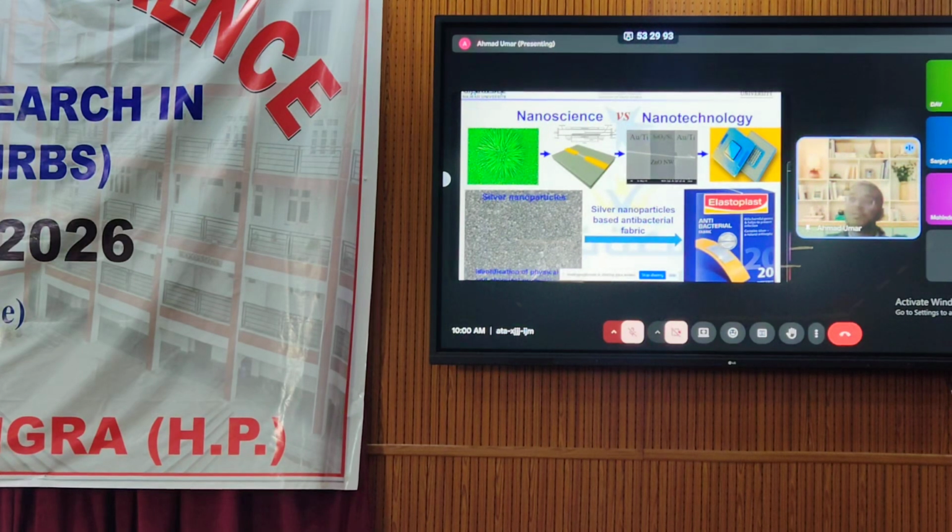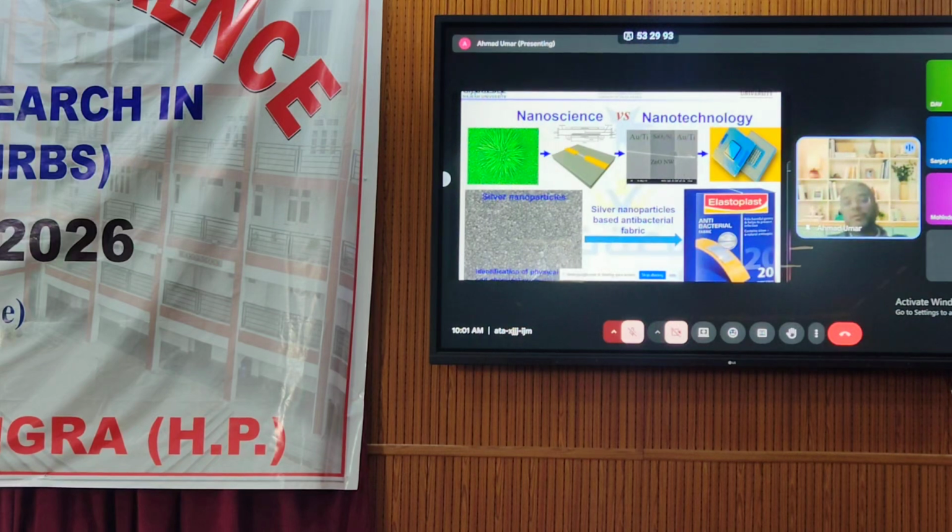Nanoscience to nanotechnology is a journey from why to how. In nanoscience we try to understand why nanomaterials have specific properties, and why we have nanomaterials of a specific material.